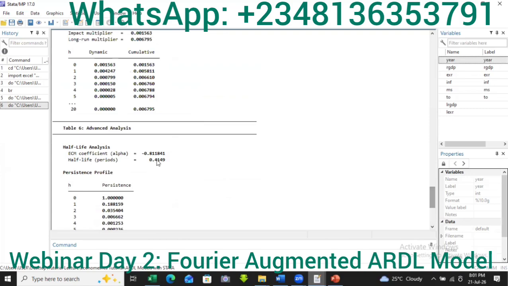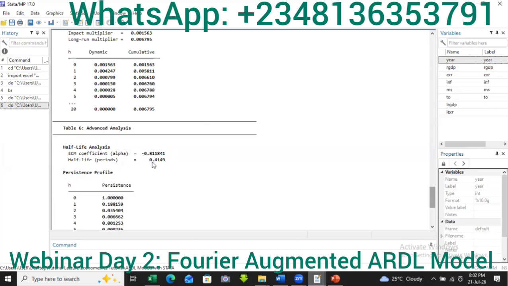So meaning that if there is a shock to the dependent variable, that is real GDP, it will take about 6 months, or if you like, because this is not up to 6 months, this is 0.4. If it were 0.5, we would have said 6 months, because it's annual data. 1 is equivalent to 1 year.